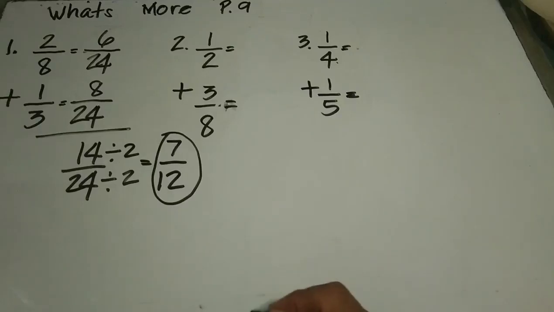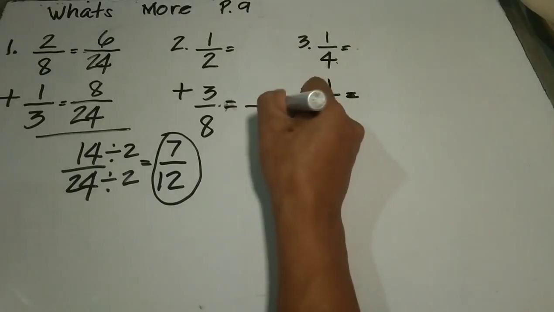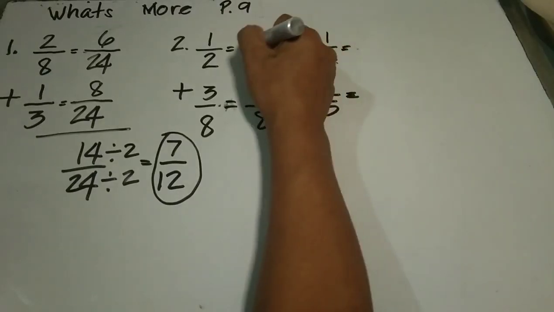So let's go to item number 2. 1/2 plus 3/8. So look at the bigger denominator, we have 8. Can you divide 8 by 2? Yes. So there is no need to look for another number. 8 will be your LCD.